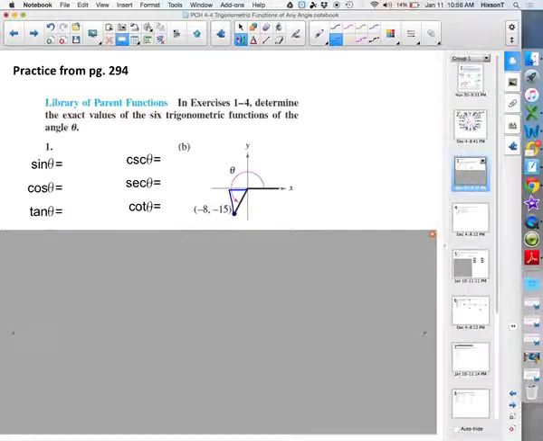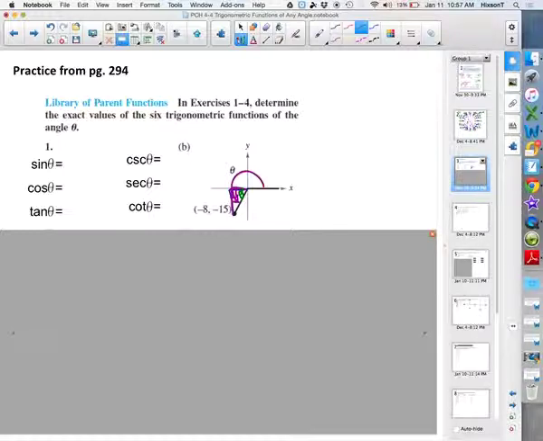Obviously this isn't drawn to scale, but here we have a point, -8, -15. We have the angle in standard position, theta. In this case we're going to look at the reference angle. We'll call that theta prime right there.